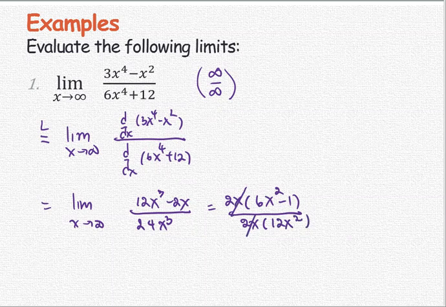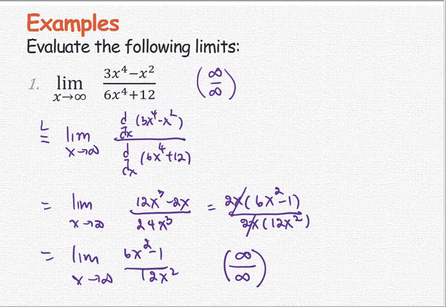Cancel out, and this becomes the limit of 6x squared minus 1 divided by 12x squared as x approaches infinity. Substitute, and we see the numerator approaches infinity and the same for the denominator. So it's still in the indeterminate form.